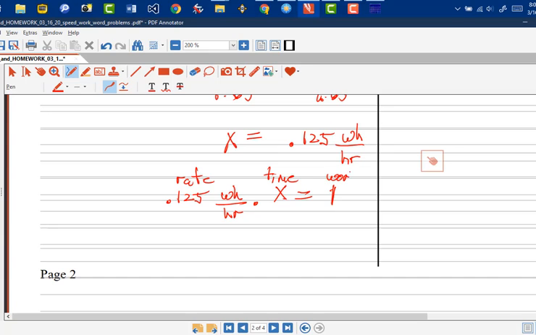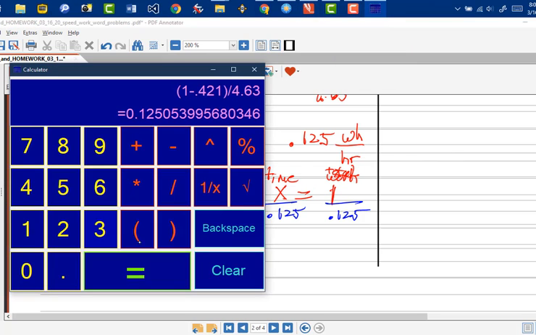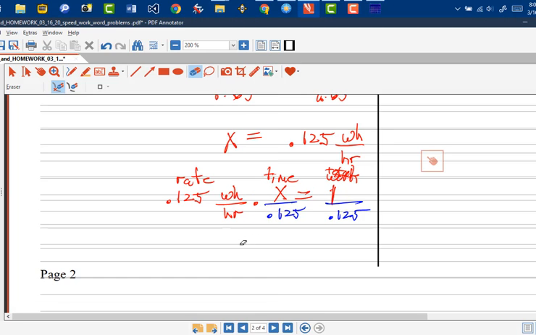So that would be the total work. So now I just need to solve for x. So I'm going to divide both sides by 0.125. And let's see, what do I get? I get 1 divided by 0.125. So it would take her 8 hours, and that's my answer.